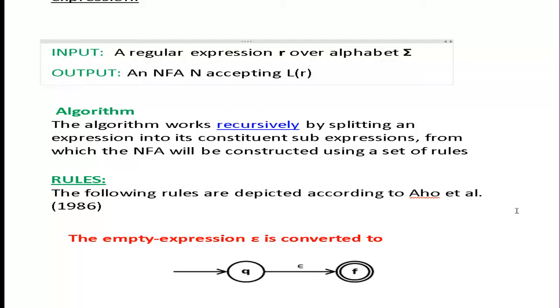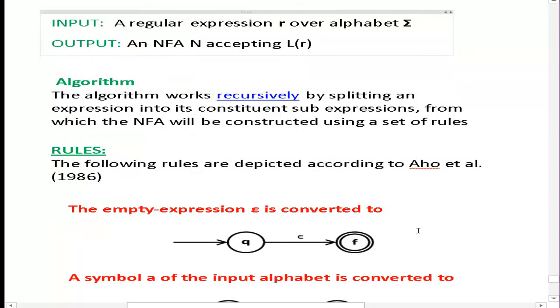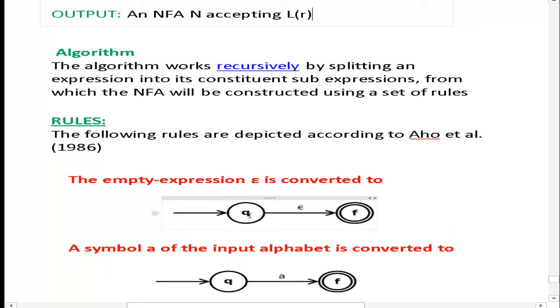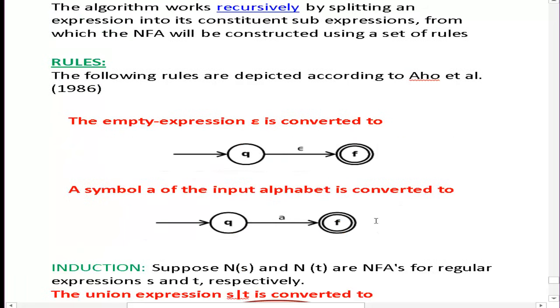We have already discussed those rules. It builds a parse tree, and the subunits in that parse tree follow these rules. For example, for the empty expression, from a start state Q with epsilon, to the final state you have an input A. We have already done that.